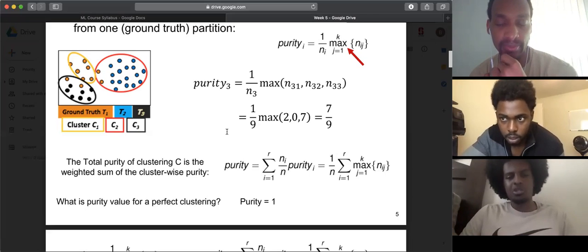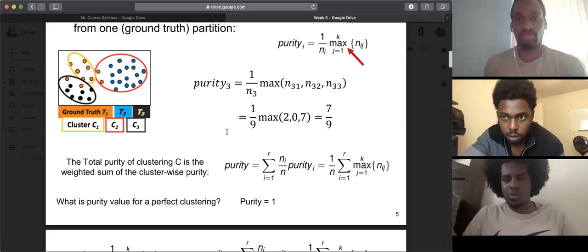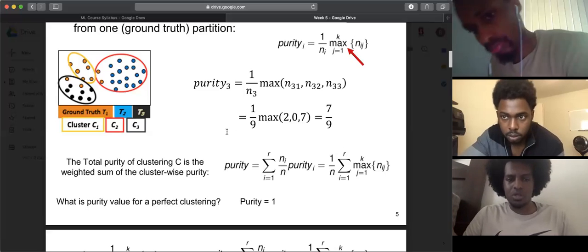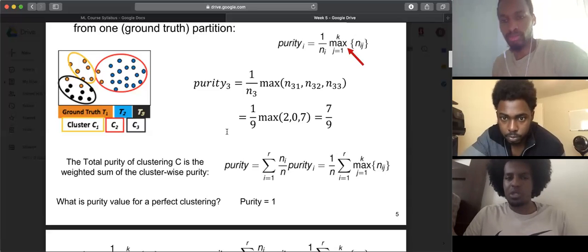The intuition behind why a perfect clustering algorithm would have a purity of 1 is that for every T partition group, for every ground truth partition, there would be 1 data point in it. Your ideal would be a 1-to-1 clustering algorithm.